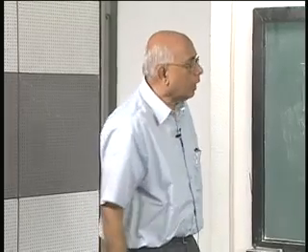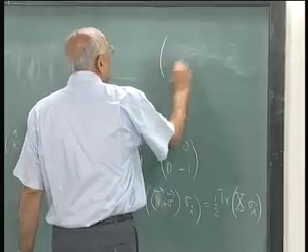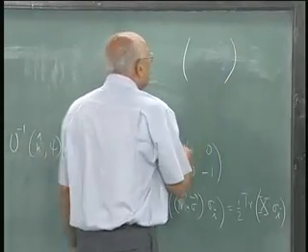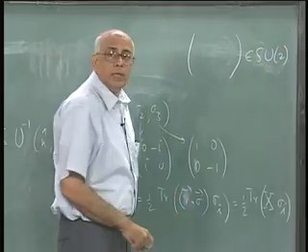We have to show that it is simply connected. That is not hard to show, because what is the most general form of a 2 by 2 matrix which is unitary and which has unit determinant?